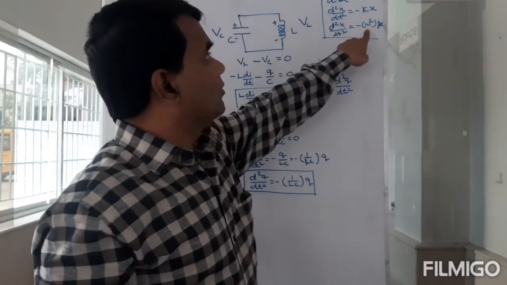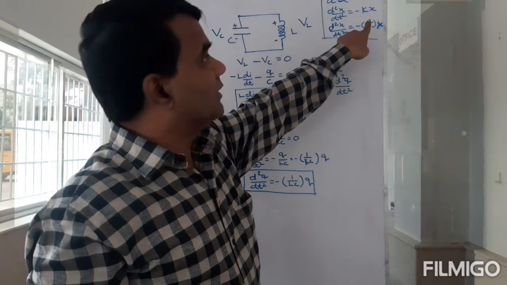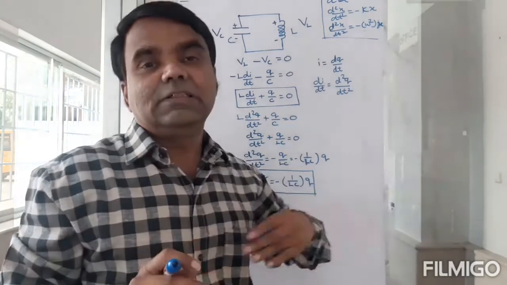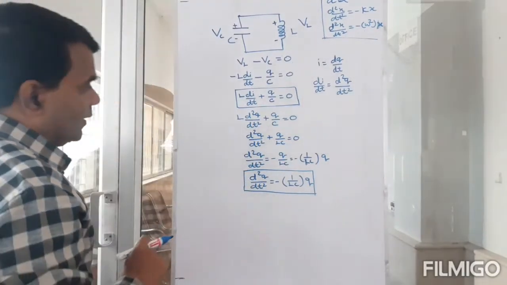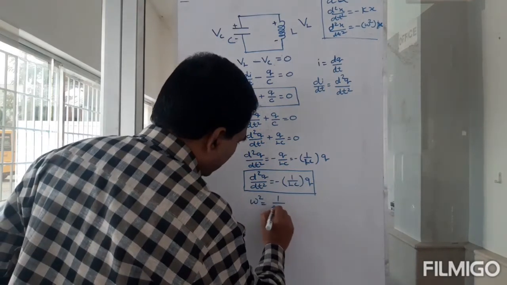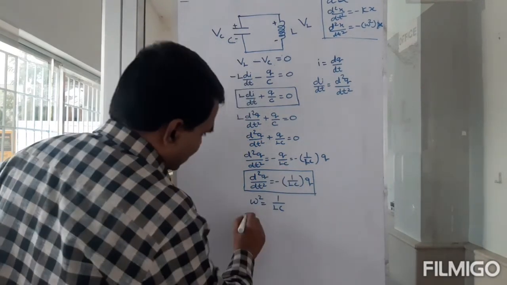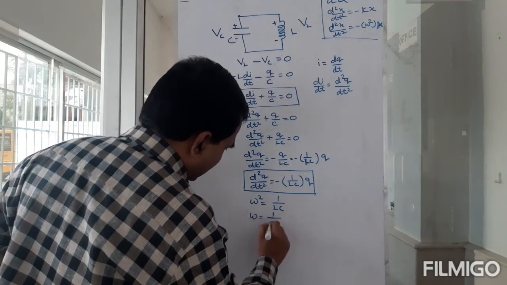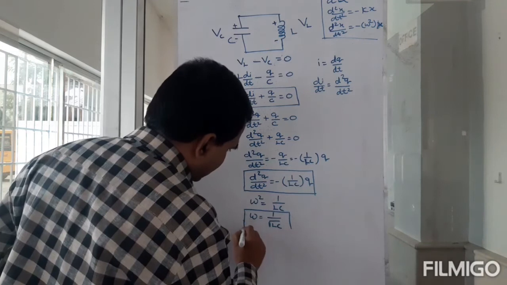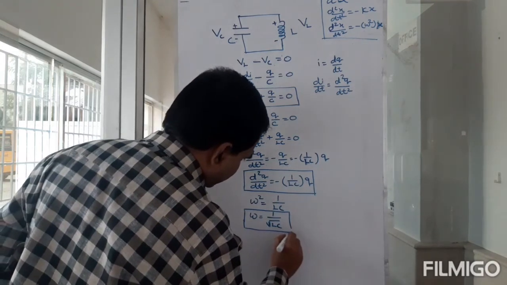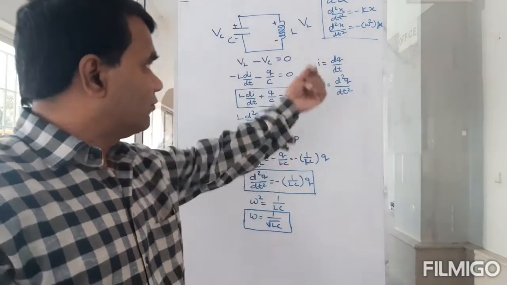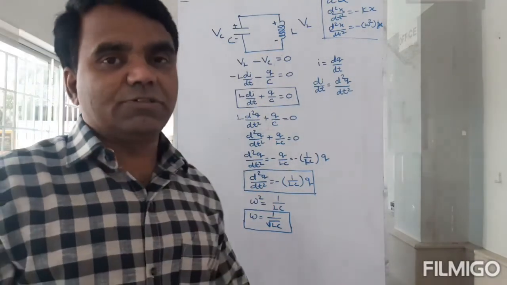So this is omega squared, the angular frequency of the simple harmonic motion. Omega squared here is equal to 1 by LC, so omega is equal to 1 by root LC. This is what we called the natural frequency of this oscillation.